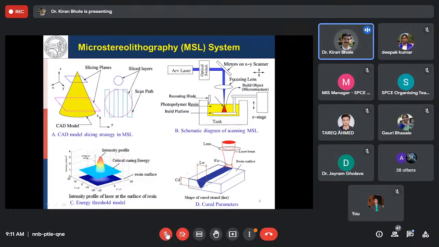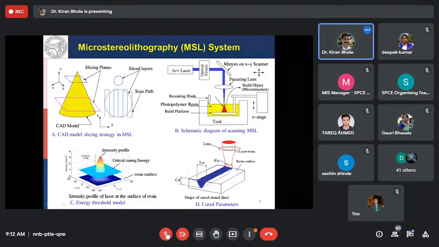This is an example of a cone type of structure. When we slice it, we get a number of circles out of it. These circles are the outcome of the slicing program. Again, we can develop our own slicing program, or there are many open source software available which slice the 3D CAD model and give you the number of 2D planes.